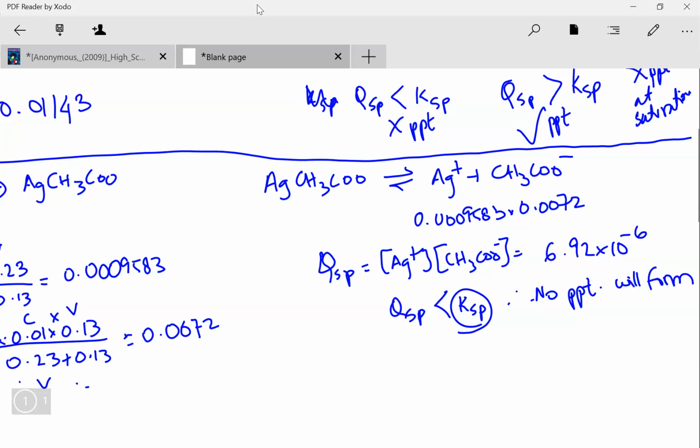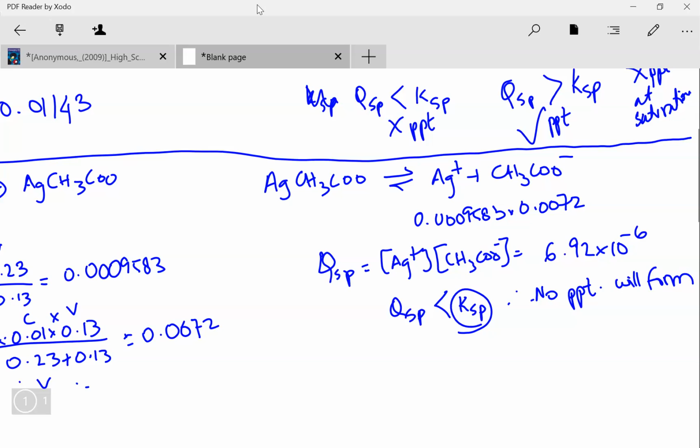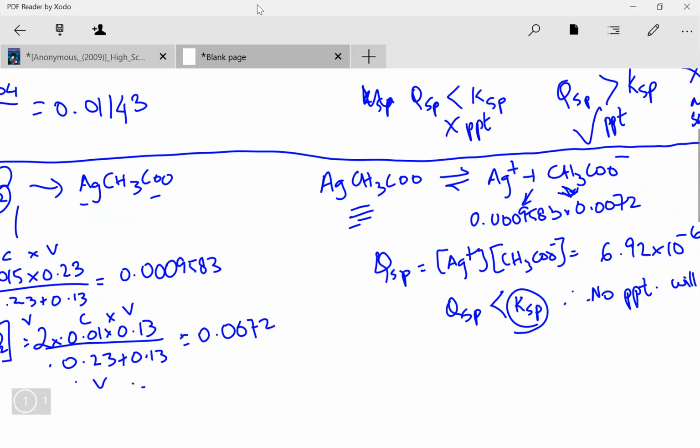So the equilibrium condition is this KSP value. My QSP is too low, which means I don't have enough ions. That means any addition of even a solid or any addition of more silver and acetate will still remain in the ion form and not form a precipitate. So the solid precipitate will not occur.